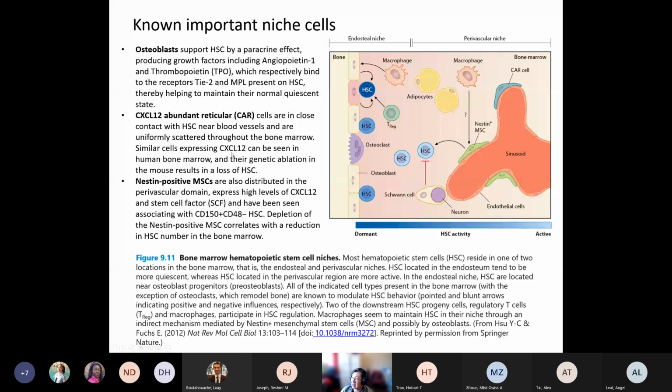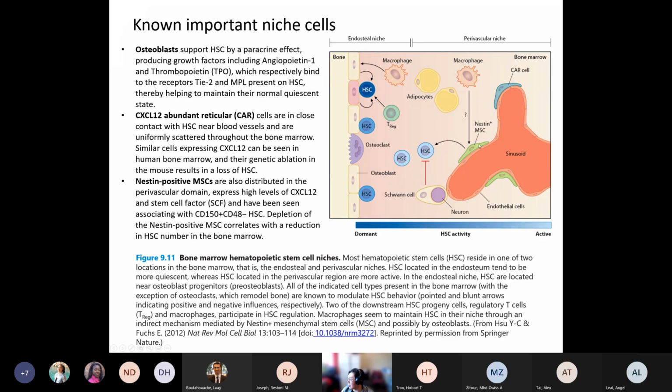So they interact by that ligand and receptor interaction. It's known that these CAR cells are important, because if you do a genetic ablation of CXCL12 on the CAR cells, you can cause a loss of hematopoietic stem cells.